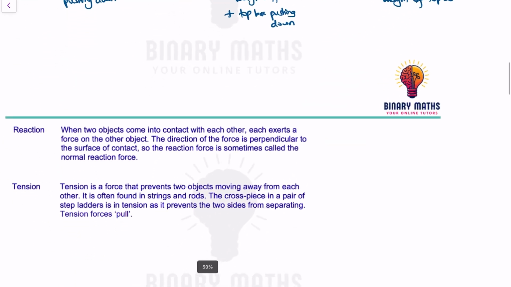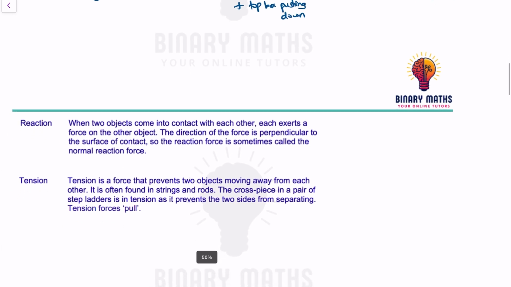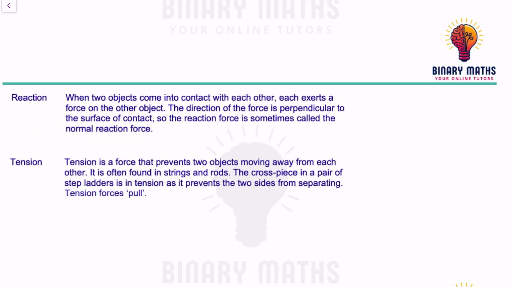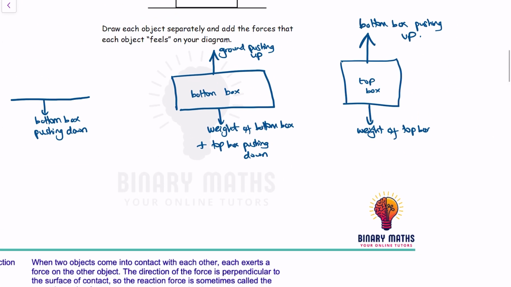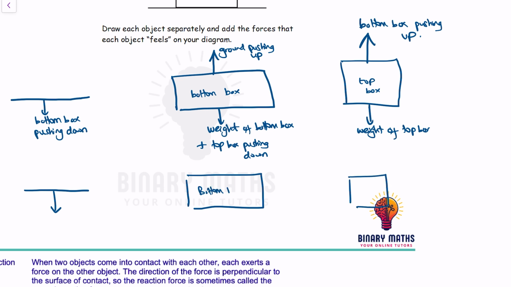When two objects come into contact with each other, each exerts a force on the other object. The direction of the force is perpendicular to the surface of contact, so the reaction force is sometimes called the normal reaction force. If I wanted to write reaction forces instead, this is the bottom box and top box, and this is the ground.